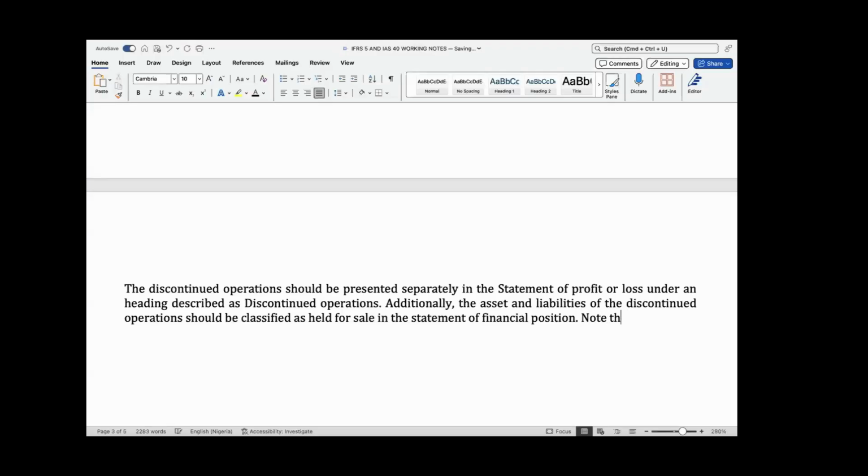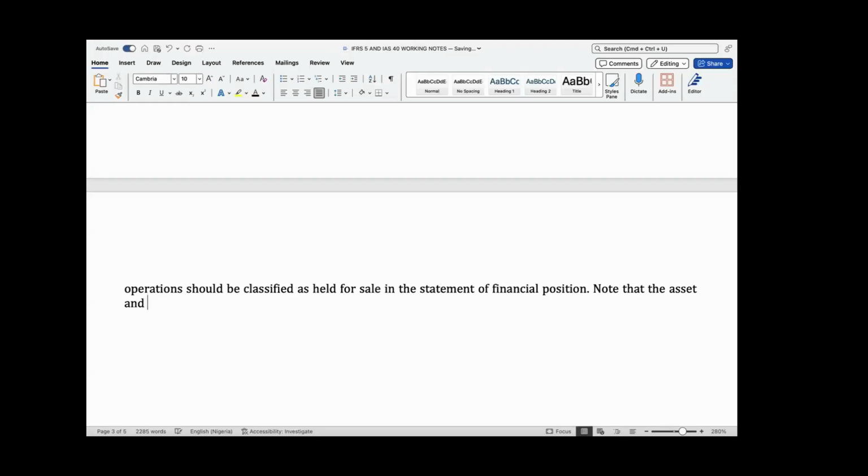Note that the assets and liabilities of a discontinued operation that is presented as held for sale should not be netted off.